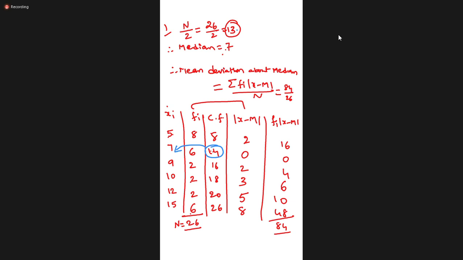It will be 42 by 13. Tell me the decimal number. 84 by 26, how much did you get? 3.23, sir. Yes, 3.23. Right, that is your answer.